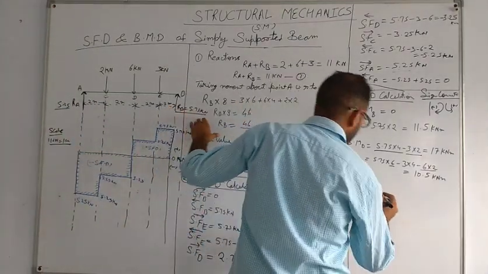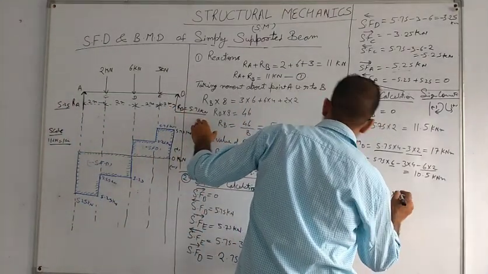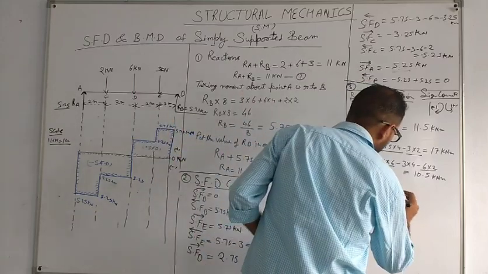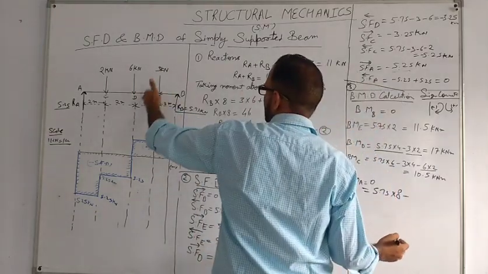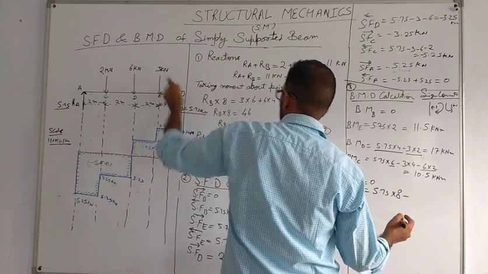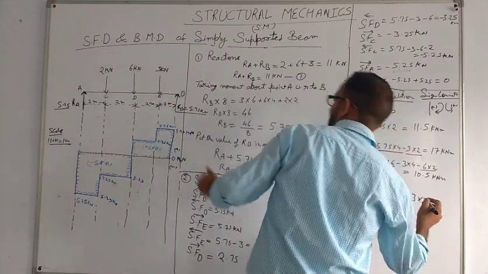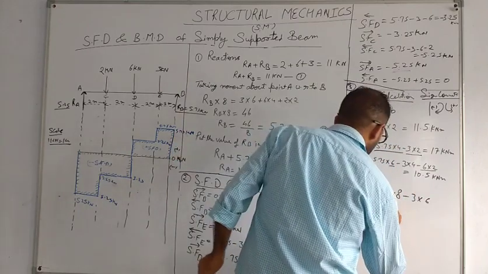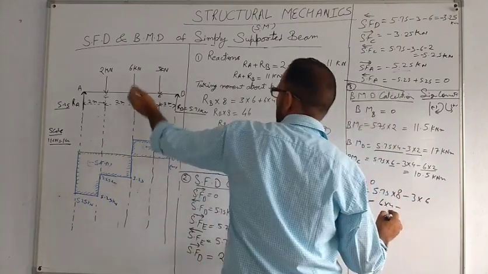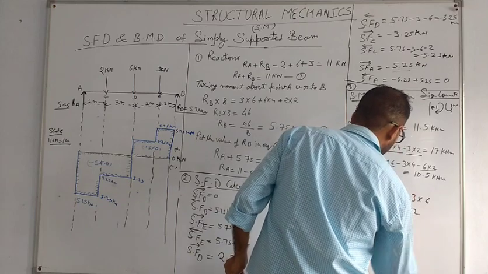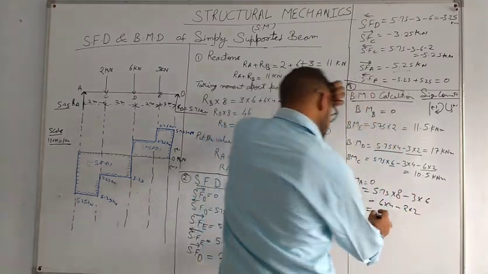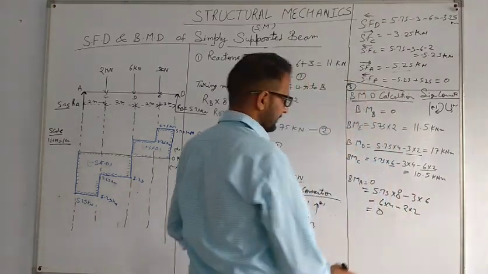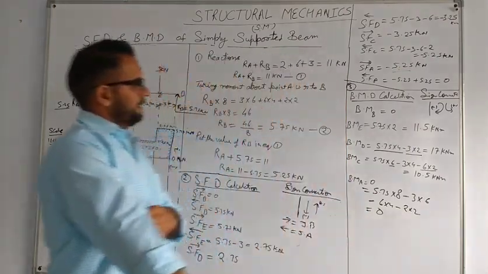How? Let me show you. Suppose this is 5.75 into the distance 8, and this is working in the clockwise direction. So 3 into 6 minus 6 into 4 minus 2 into 2. So this will definitely come 0 kNm.